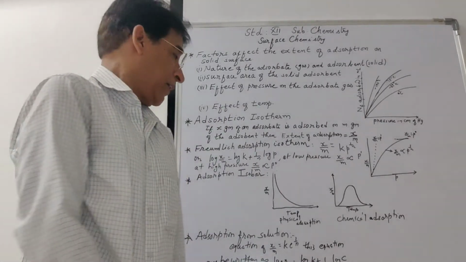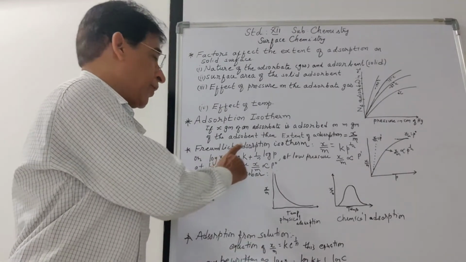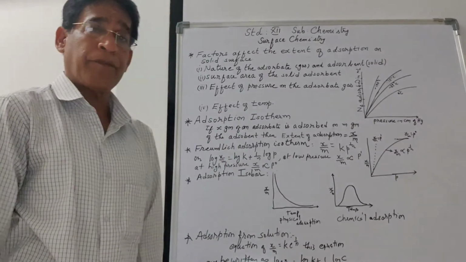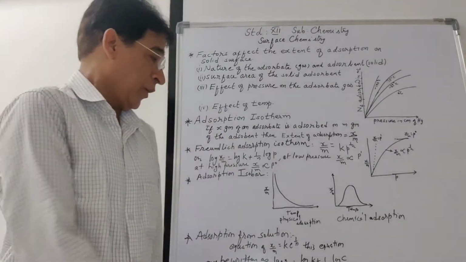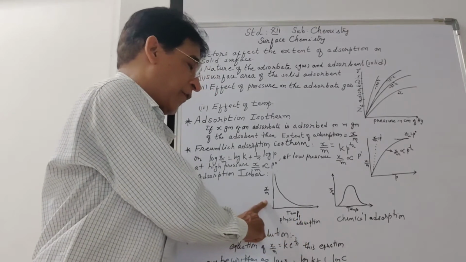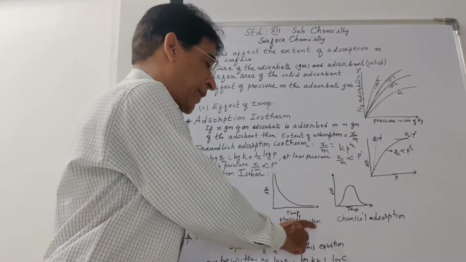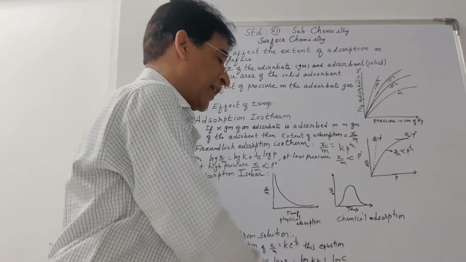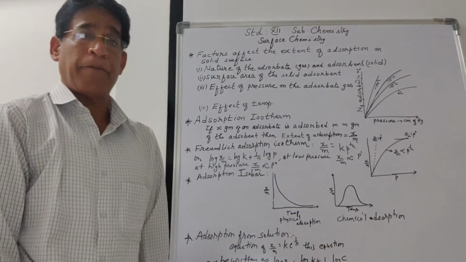Now, in the Freundlich adsorption isotherm, this graph indicates physical adsorption and this graph indicates chemical adsorption.